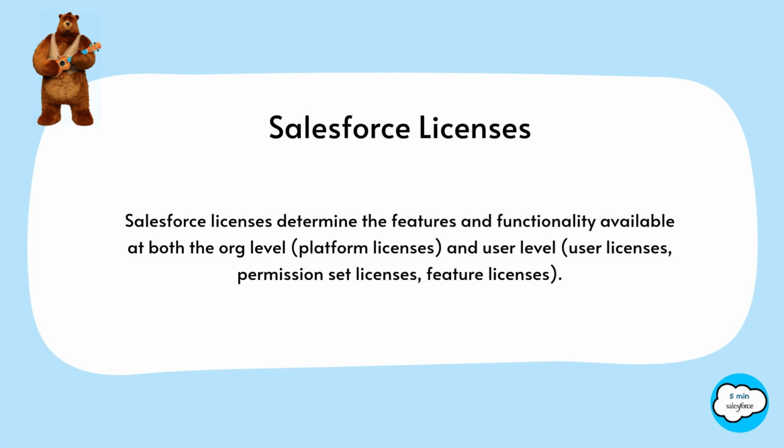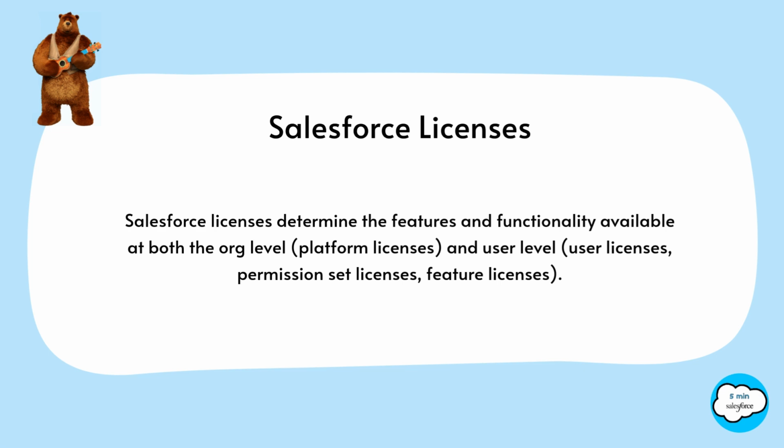Some licenses can apply to the whole org, like the company license, and some licenses can apply to an individual user, like what you are allowed to do, what actions you are allowed to perform. So, licenses define what your entire Salesforce account gets, and what each person can or cannot do within that org.